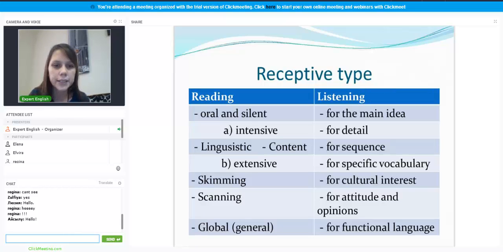As for reading, it is divided into more parts, and the first criterion by which we can divide reading exercises is, of course, oral exercises and so-called silent exercises. Oral exercises are wonderful for our phonetics, for practicing and hearing ourselves.